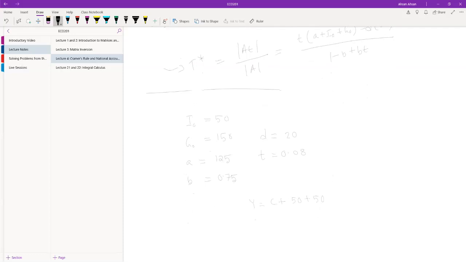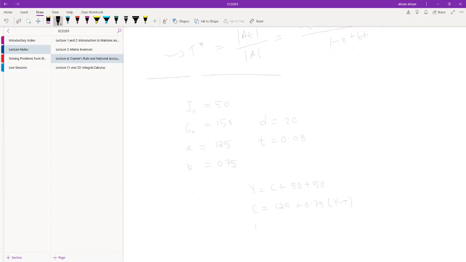The second equation becomes C equals A, which is 125, plus 0.75 times (Y minus T), and T is equal to D, which is 20, plus the tax rate times Y. This is what we have now. Wait, sorry, this is 150.